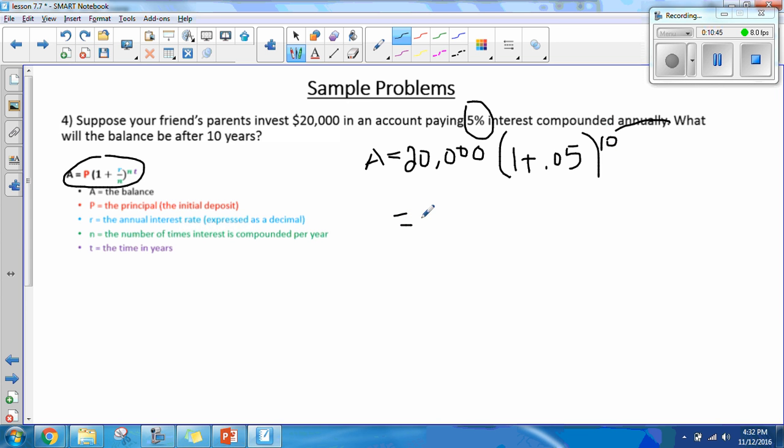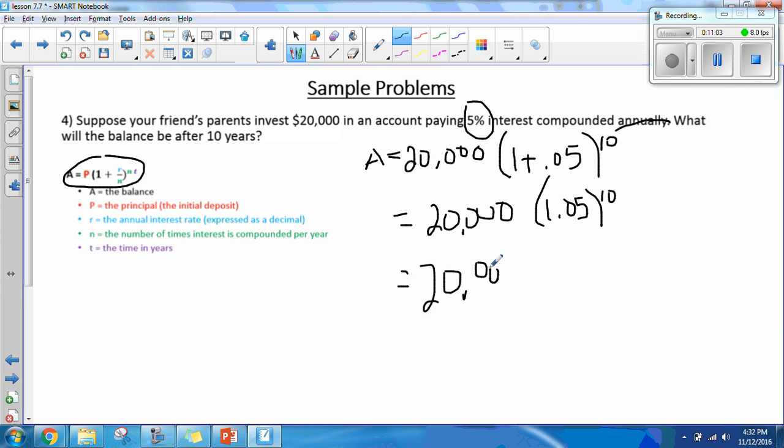And this will be 20,000 times 1.05 to the 10th power, which equals 20,000. Sorry guys, my handwriting is getting messy.